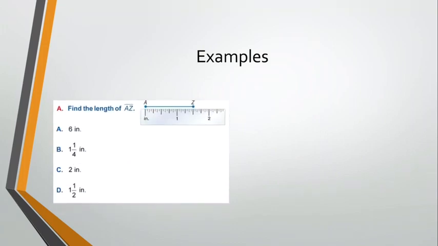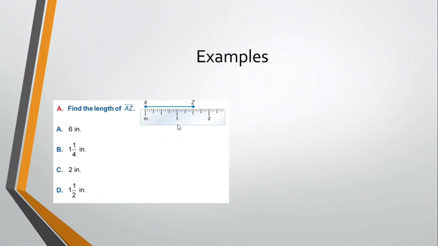Here is another example. In this case, we are using inches. So if I find the length of AZ, A starts at 0 and goes to this segment here. So this is in inches. Inches are not broken up by tenths. Inches are broken up with the longest segment being the whole number, then the next longest being a half, then the next longest being a quarter, then the next longest being an eighth, then the next one being a 16th.